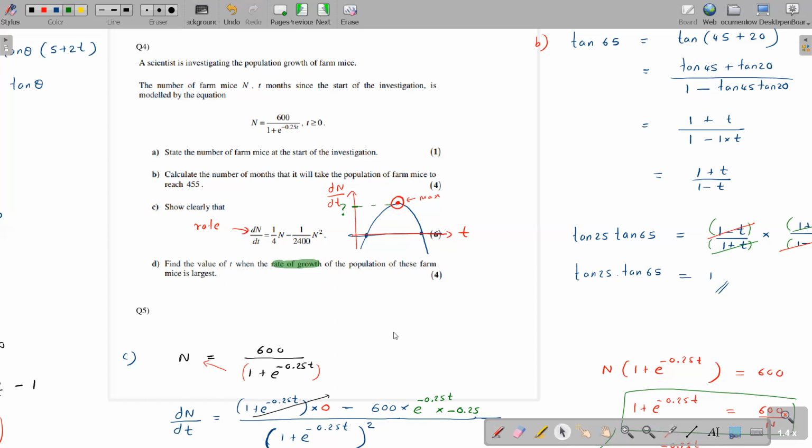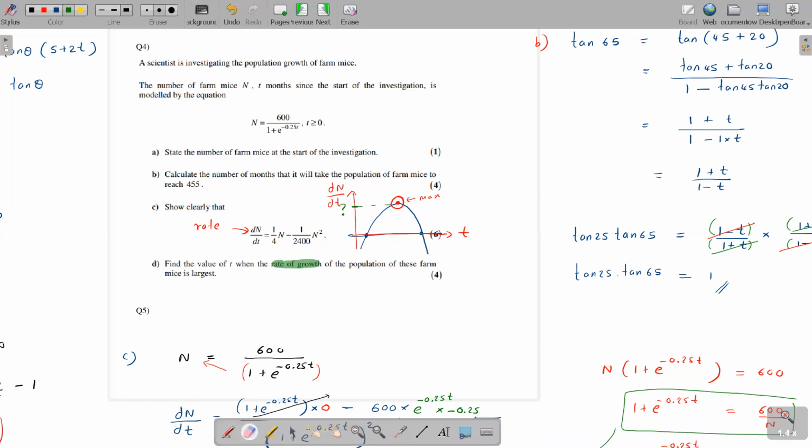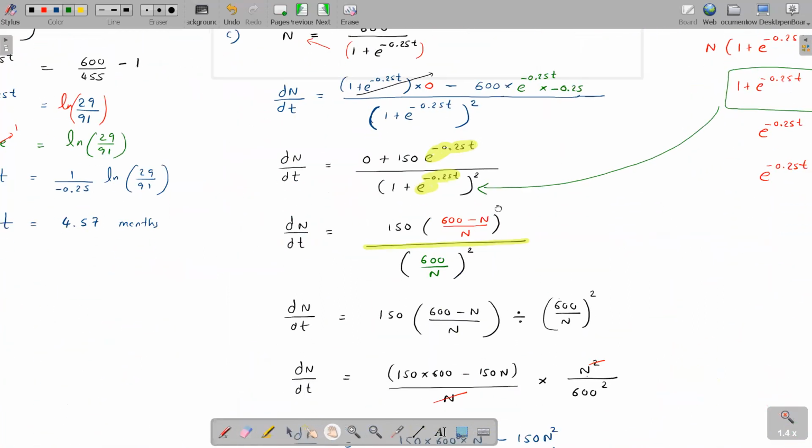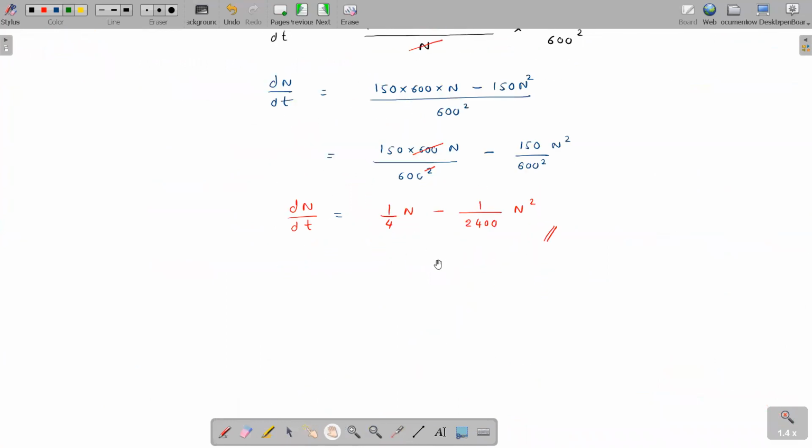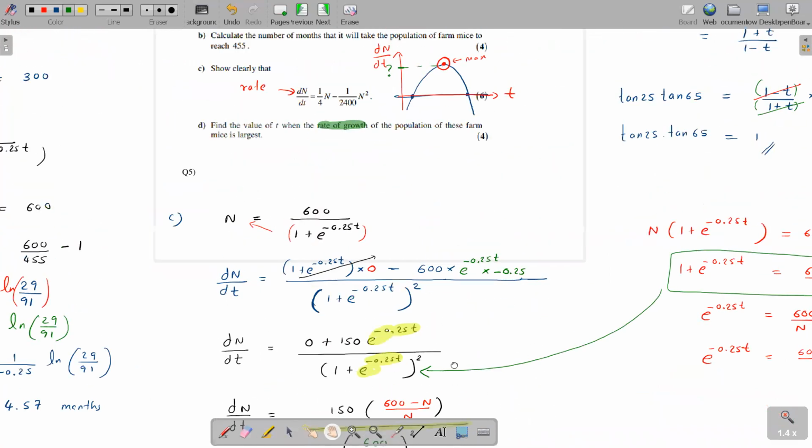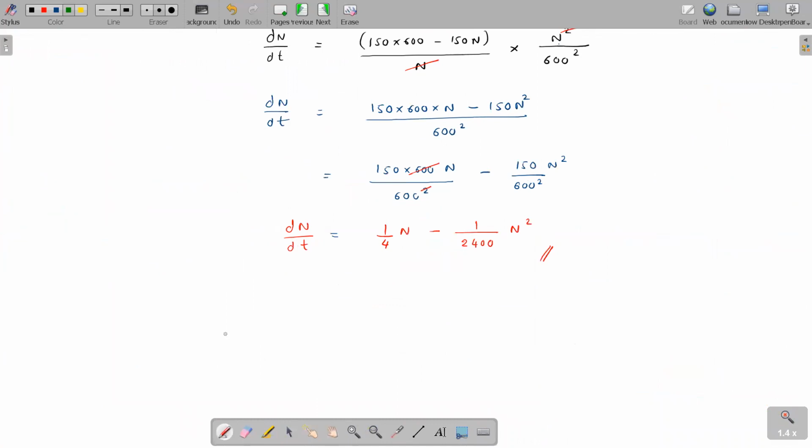Am I making sense here? Yes, teacher. Then let's get it done. So this is part D, further differentiate. Imagine your rate.